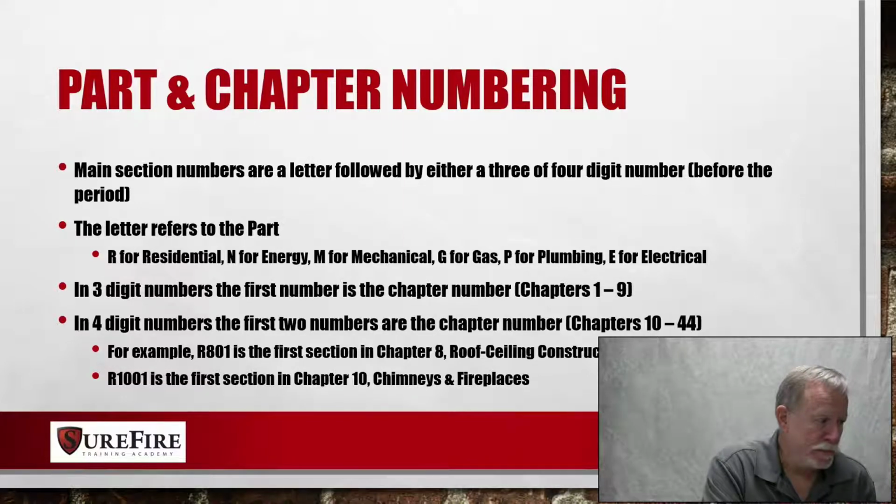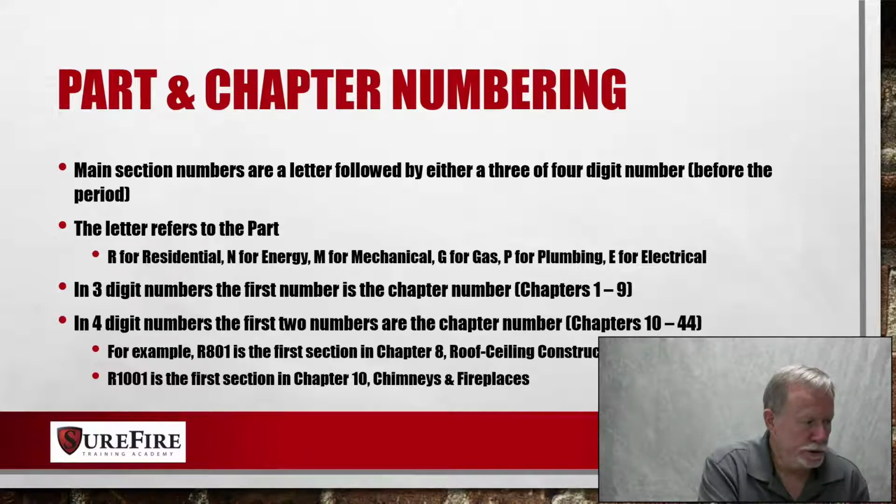So, for example, R801. We know the R tells us it's in the residential section, and it's the first section, the 01 section of chapter 8, which is roof ceiling construction. R1001 is the first section within chapter 10, chimneys and fireplaces.